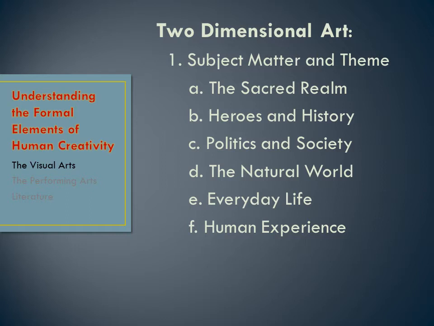The fourth area of subject matter, the natural world, that's anything that has to do with nature around us: trees, mountains, seascapes, the sky, those kinds of things. The fifth area, everyday life, has to do with pictures that depict just simple things from everyday life.